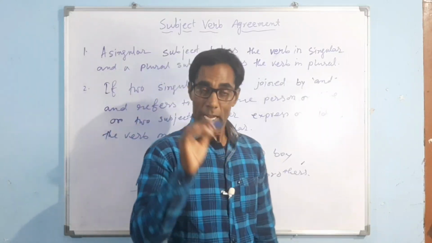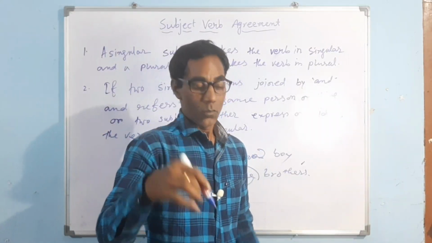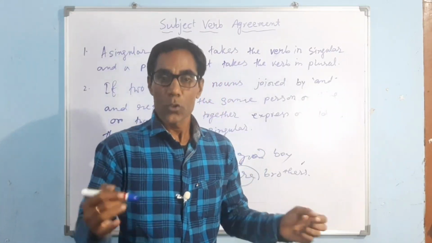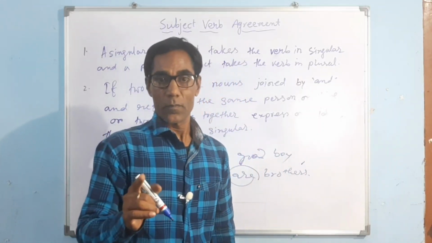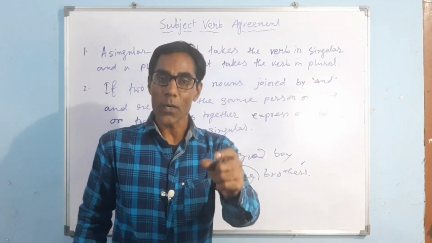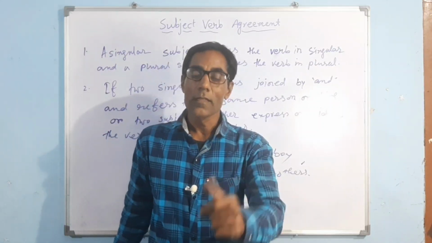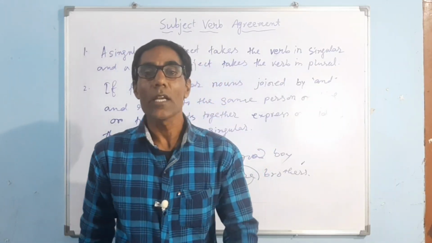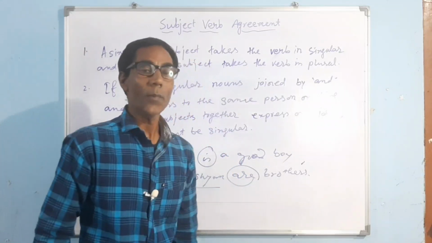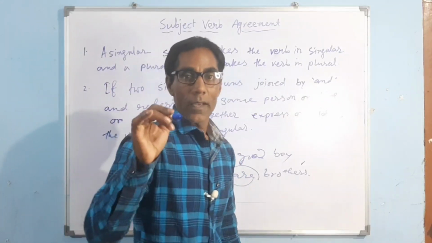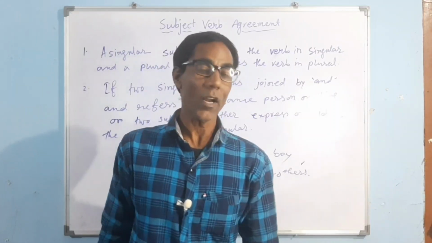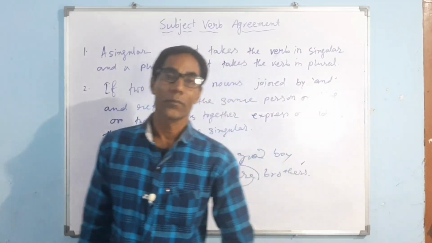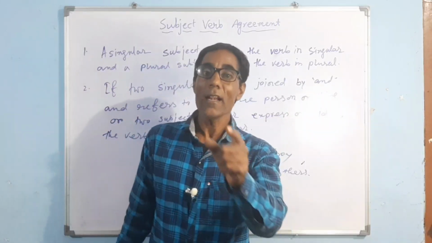And remember, if two subjects joined by and express one idea or one person or one thing, then you have to use the verb in singular. As for example, the headmaster and secretary is coming.